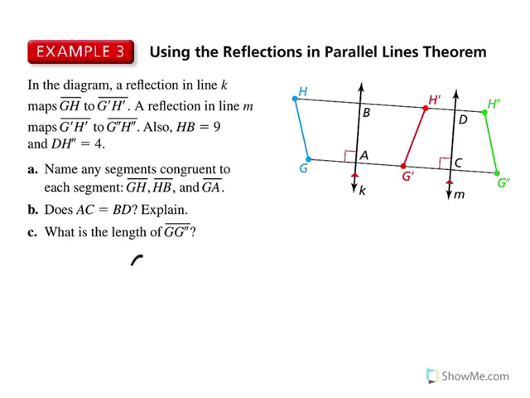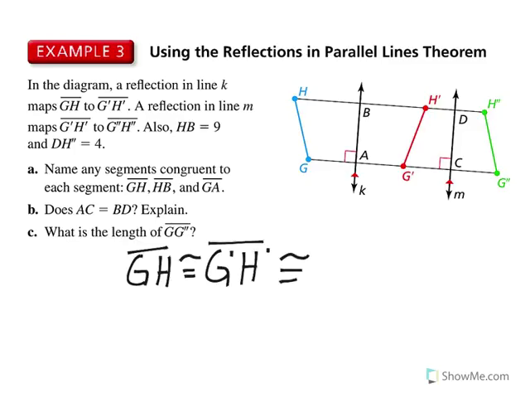So first, if we look at segment GH, it's going to be congruent with all the line segments that are reflected. If I reflect it, it's still going to have that same length. It's still the same size. It's still the same shape. So it would be congruent with G prime, H prime. And it would be congruent even if I reflect it again, it's going to be congruent with G double prime, H double prime.